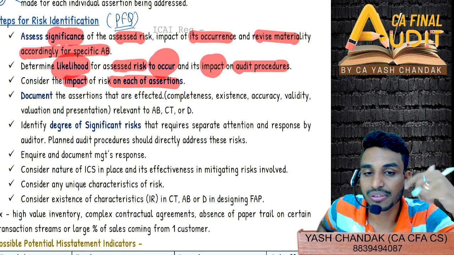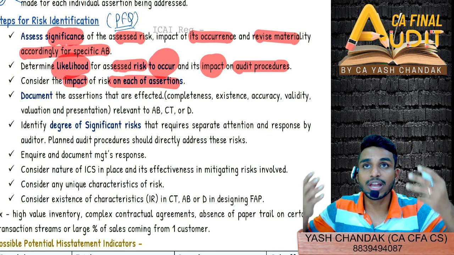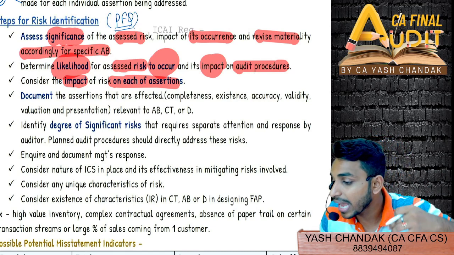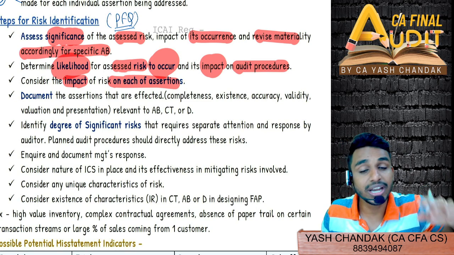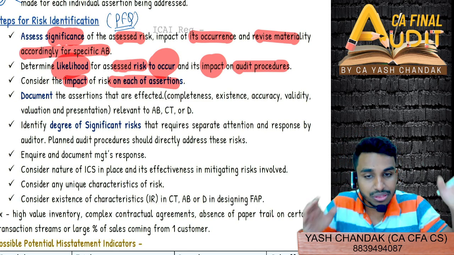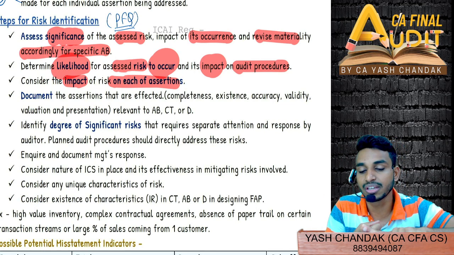So again, let's recall. First was to assess how significant is the risk. Secondly is to evaluate whether the risk could actually realize, whether it could actually occur, and thirdly, if at all it occurs, then what will be the impact. Correct. So it's a sequential flow. First of all, check whether it is significant.